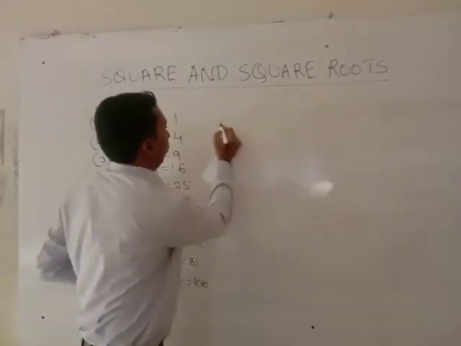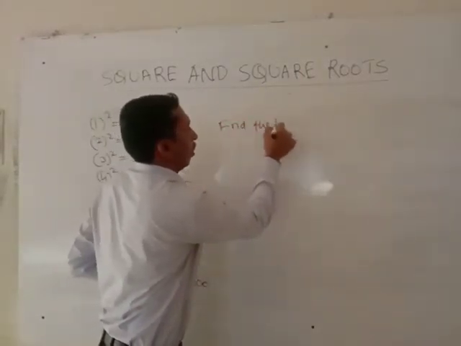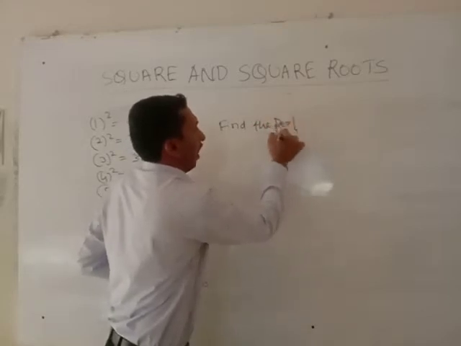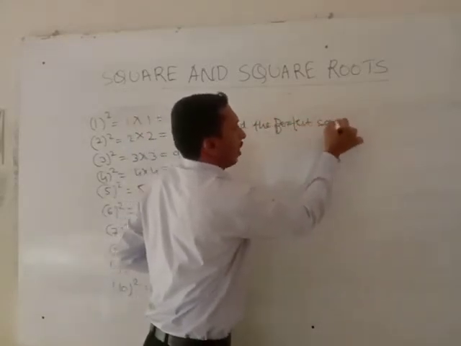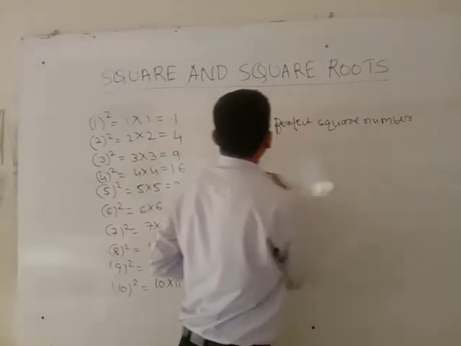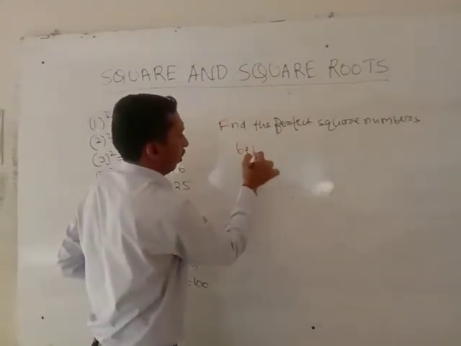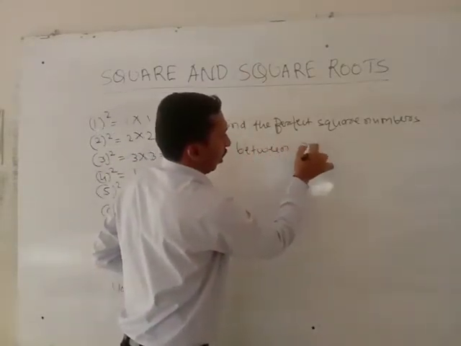Find the perfect square numbers between 30 and 40.